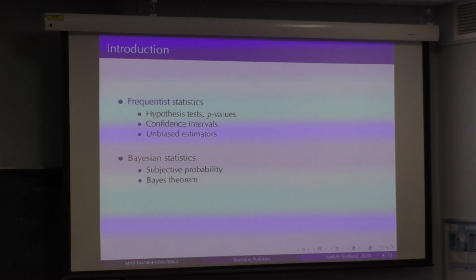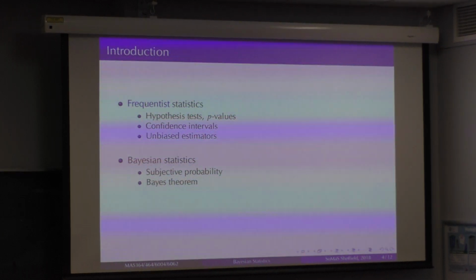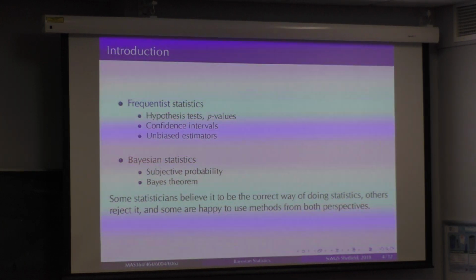I will start talking about subjective probability, because hopefully you've seen Bayes' theorem before for events. So I will leave that for later, but most of you most probably haven't heard about subjective probability. So I will talk about that in a second.